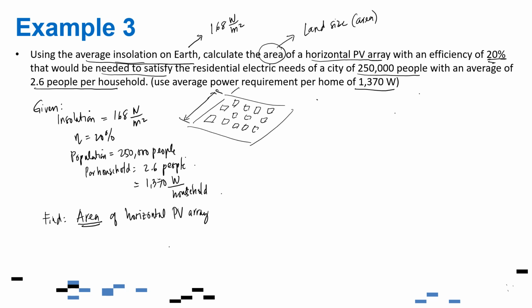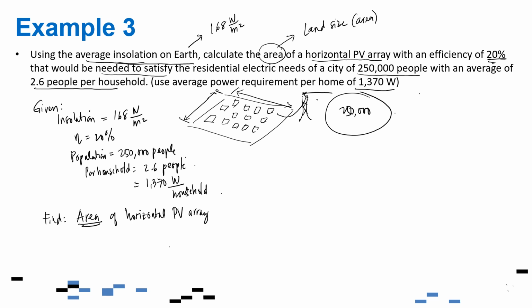How much is this area? And this is connected to the electricity grid. This electricity grid is connected to us as a community, and this community has 250,000 people with a number of households. So that's the main question.